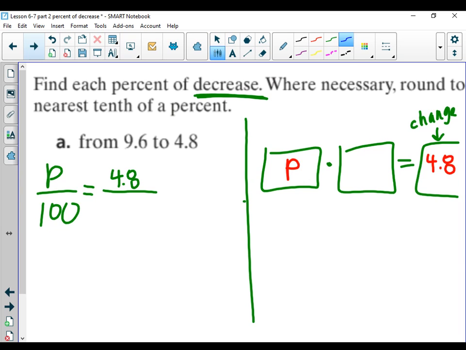A lot of people got used to putting the smaller number down here yesterday. But it's really the whole starting amount. So the starting amount was 9.6. I think someone said yesterday the from number. True. The from number.